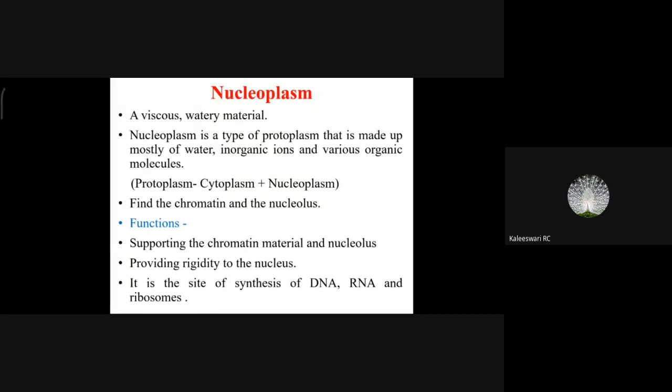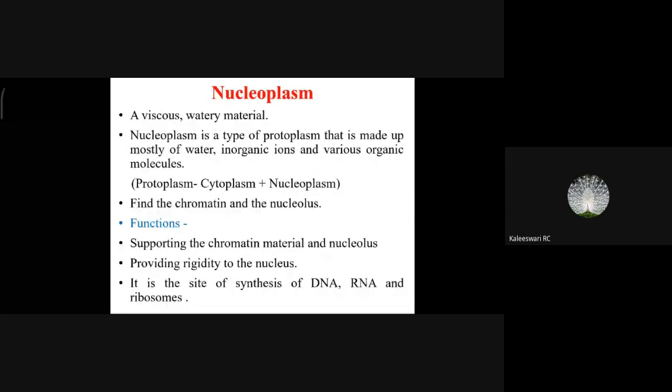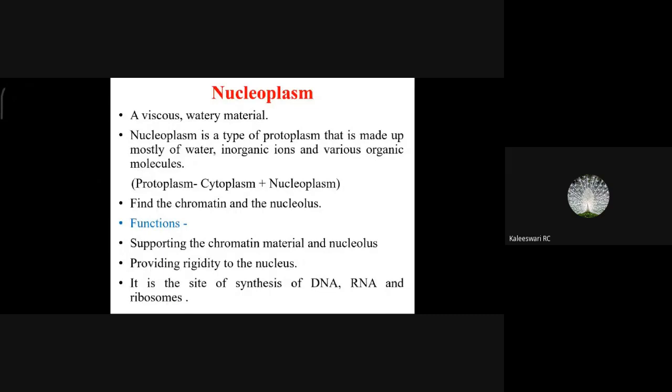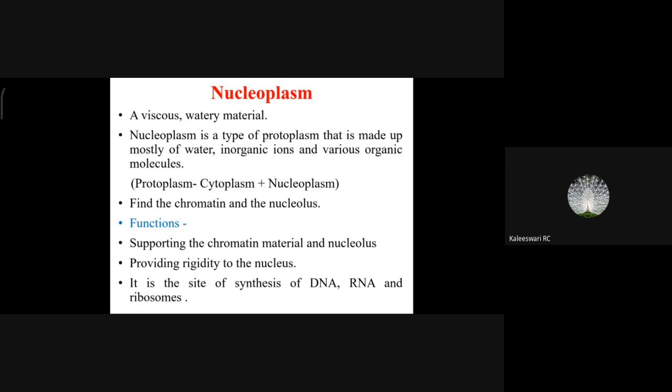So in which part of the nucleus are these produced? Please answer me. In which part of the nucleus are DNA, RNA, and ribosomes produced? Are you guys listening to me carefully? Yes. Rough ventricle.